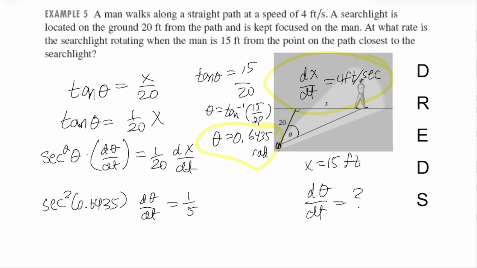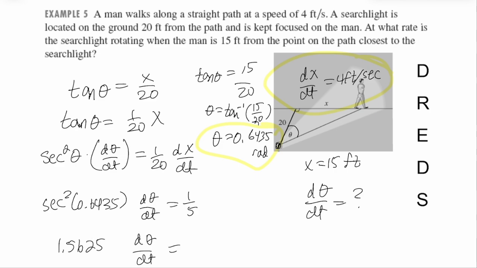The secant of that is 1.25, and if we square it, we get 1.5625.